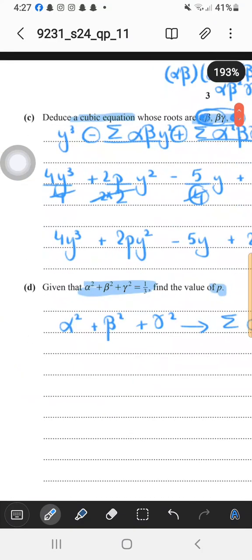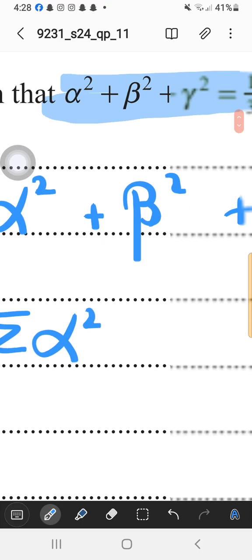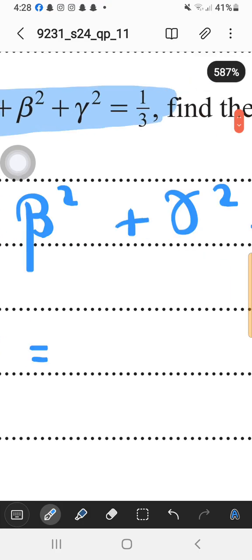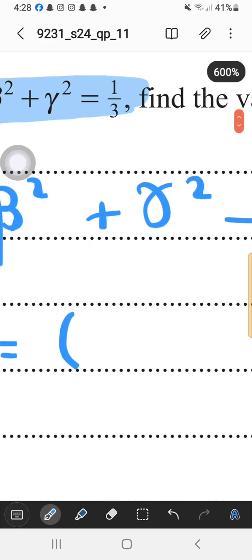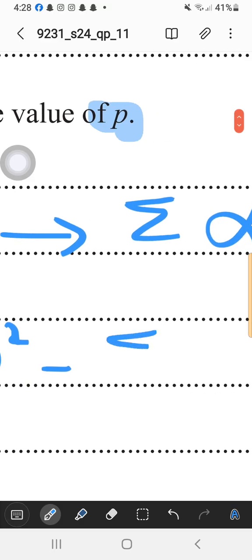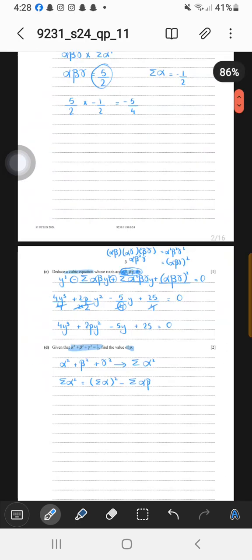Okay, so summation of alpha square is the formula that summation of alpha whole square minus summation of alpha beta.